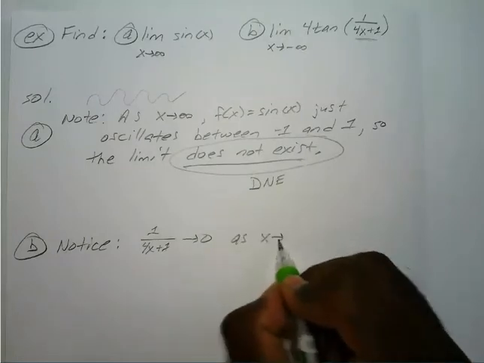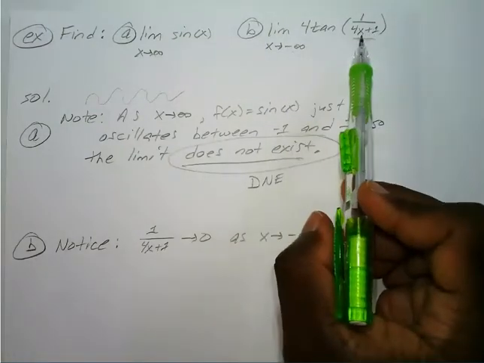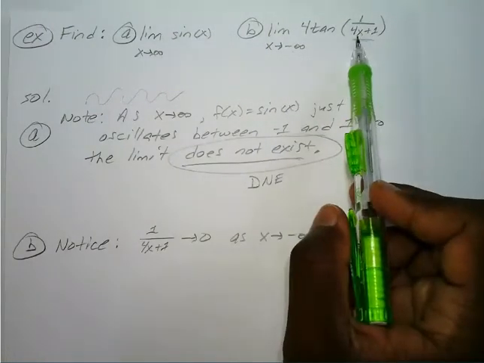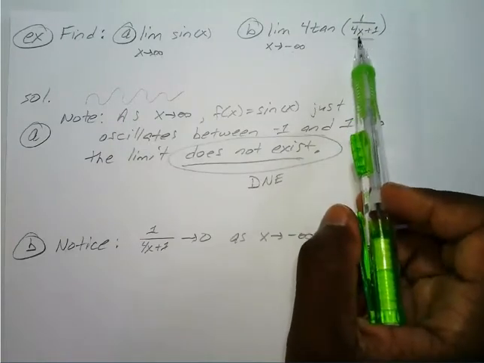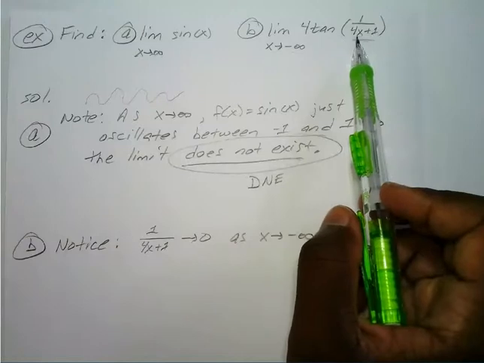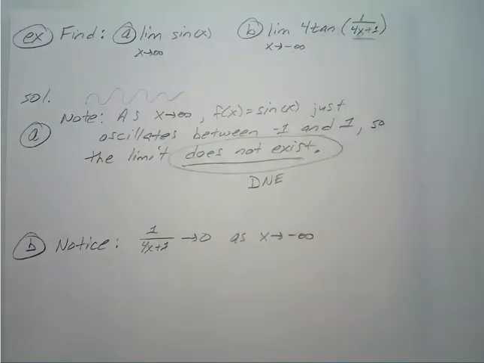As x gets smaller and smaller, a negative number, you get 1 over negative whatever, and that x is getting bigger and bigger. So 1 over 4 times negative a billion is going to be really, really close to 0.